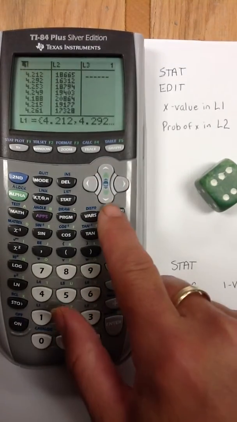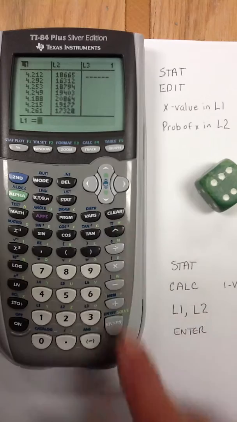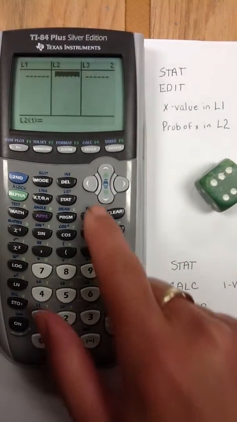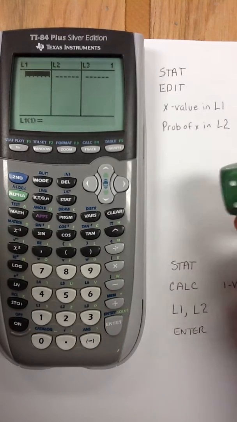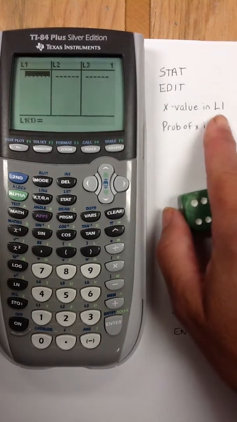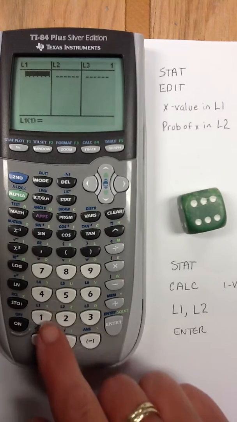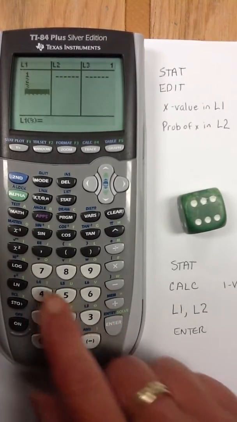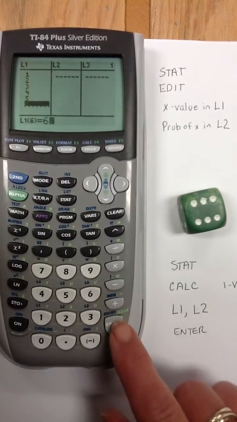And clearing both my list 1 and list 2, I'm going to go back through and enter in all my x values into list 1. So here I'm going to have my outcomes of 1, 2, 3, 4, 5, and 6.